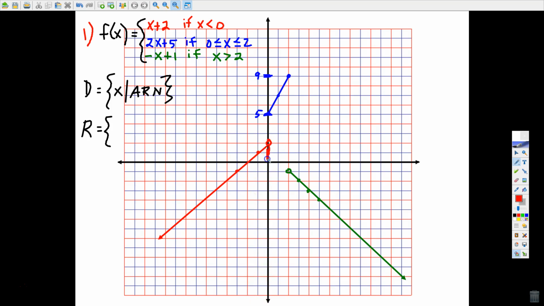So I'm going to color in the part of the y-axis to represent the y numbers that are being taken by the red, and it's essentially everything below positive 2. It's bad coloring, but I think you get the idea. So this red line is going to utilize every single one of these y numbers. That's what range is referring to.